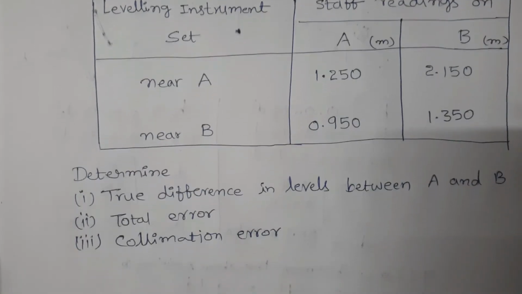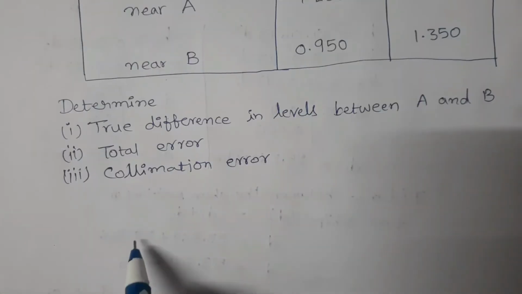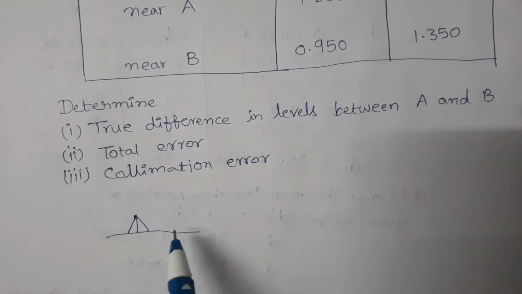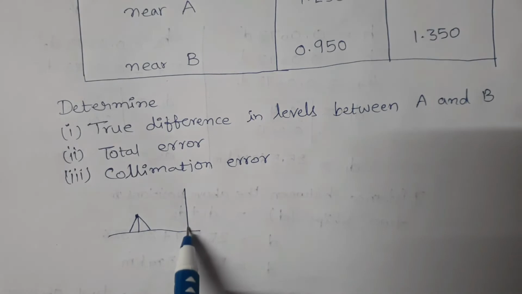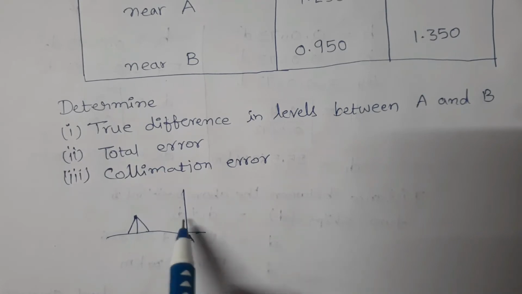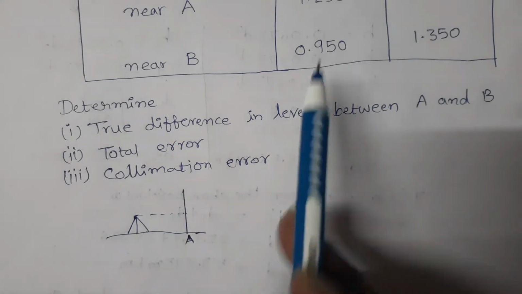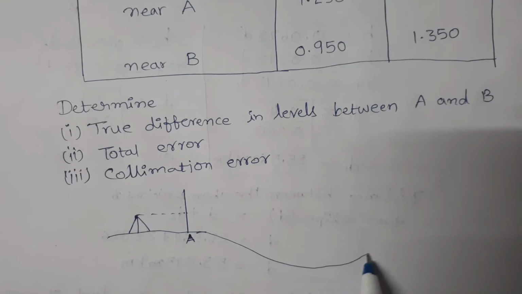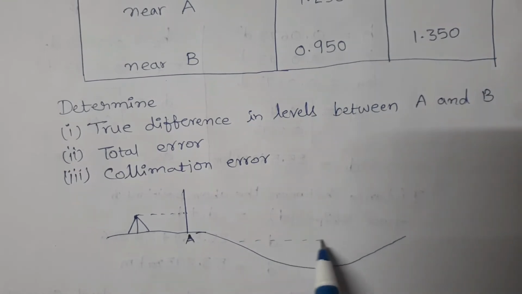In reciprocal leveling, the instrument is set here and we observe the staff reading on A. It is 1.25. It may be a depression or a river.